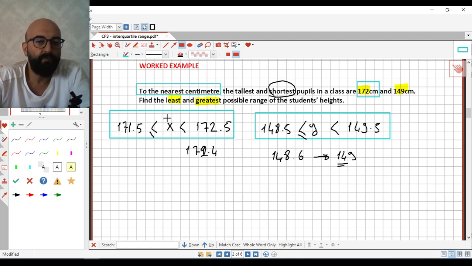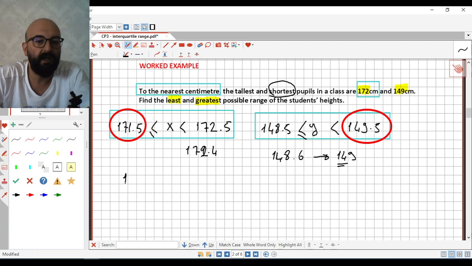So if we want to find the least possible range, for the tallest pupil height we can take 171.5, and for the shortest pupil 149.5. With these heights our range becomes least.